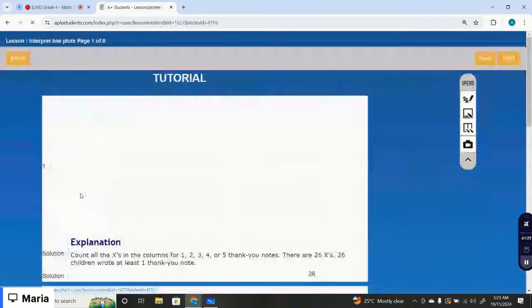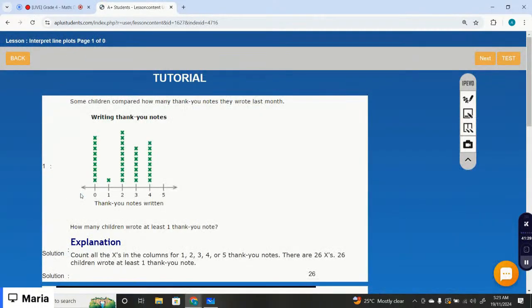Interpret line plots. Some children compared how many thank you notes they wrote last month. How many children wrote at least one thank you note? So, which is the correct option?